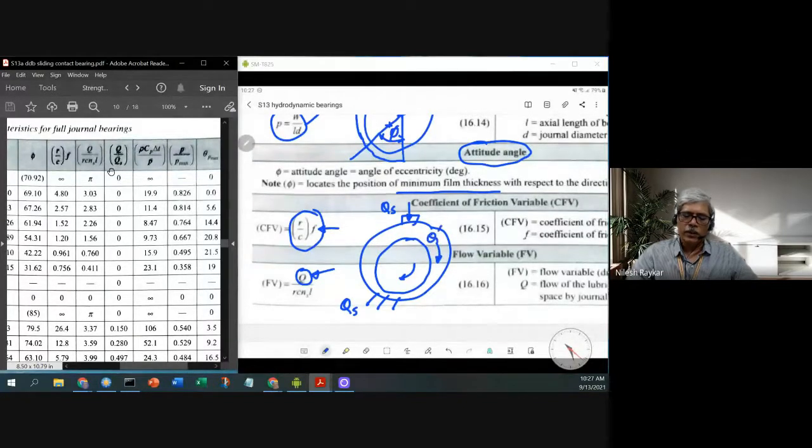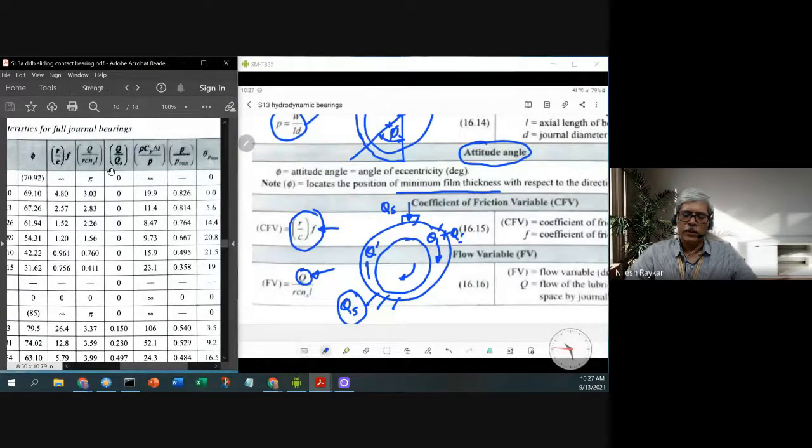So at the entry point you have Q dash plus QS, and at the exit point you are back to Q dash. So Q dash is constantly revolving and QS is what gets leaked out. So this Q is Q dash plus QS, the total oil quantity entering the wedge. That quantity is given by this particular ratio.